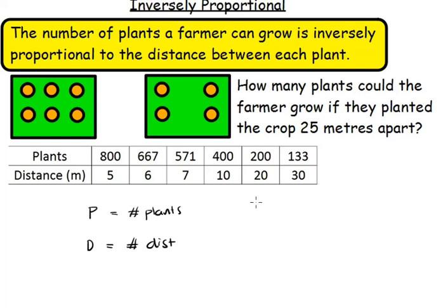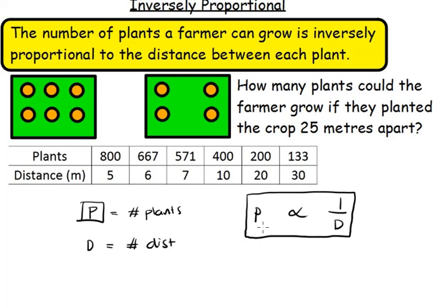But how do you tell someone that in a mathematical way? This is what we write. We write P, our first variable, the number of plants, and we write the same symbol, unfortunately, but then we write 1 over the other one. So this is how you write when two variables are inversely connected. It's just that it's 1 over the other.